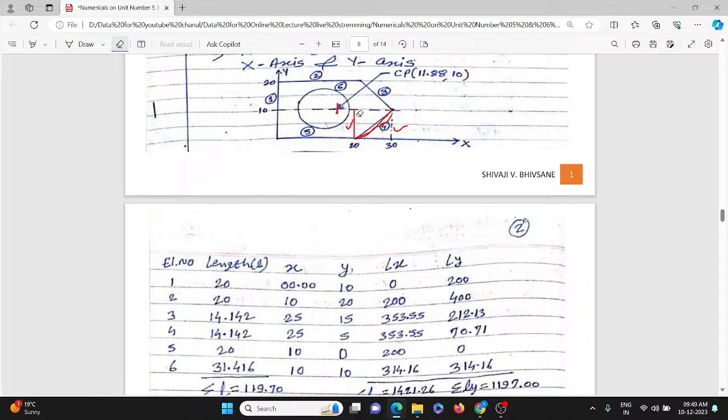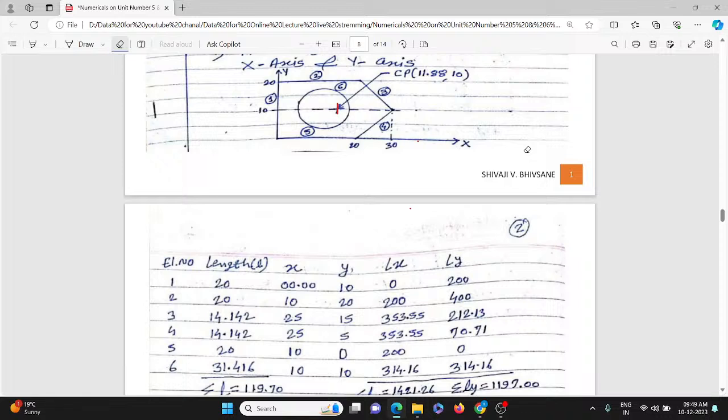If you are having any doubt, please comment in the chat box so I can repeat the same, because calculating the center of pressure is very simple.